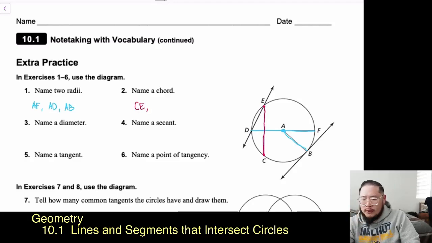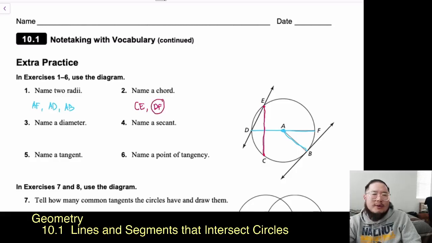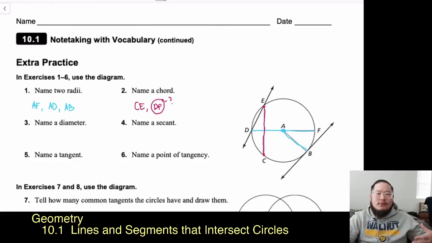Don't forget, there could be another one, and that would be DF. However, I'll circle it and give it a question mark, because DF has a more specific name, since it goes through the center.